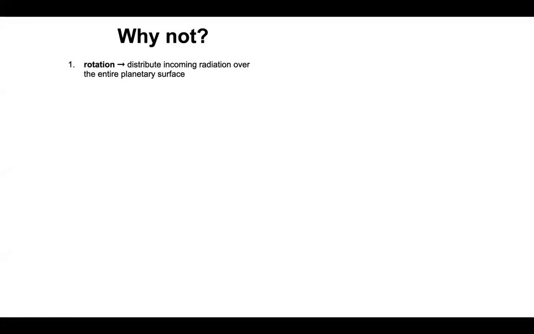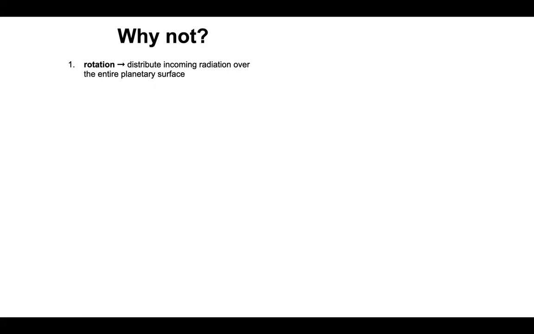Why not? So one of the things we said was magnetic fields, right? I think the first one I have here is actually not magnetic fields. Rotation, right? This idea that the planet also has to be rotating at a sort of Goldilocks rate. If it's spinning too fast, it'll actually break itself up.